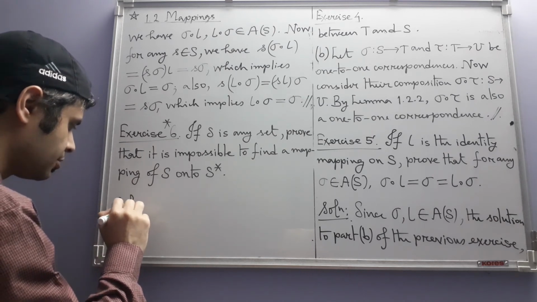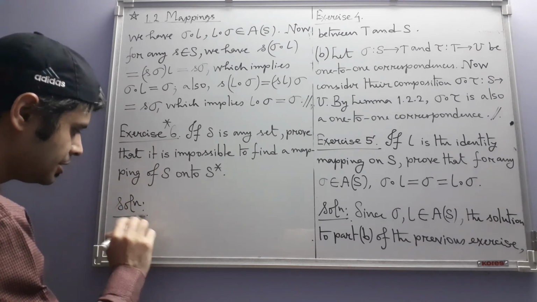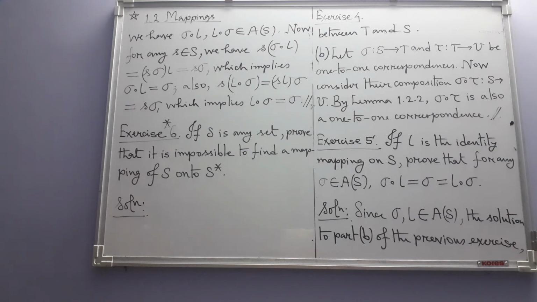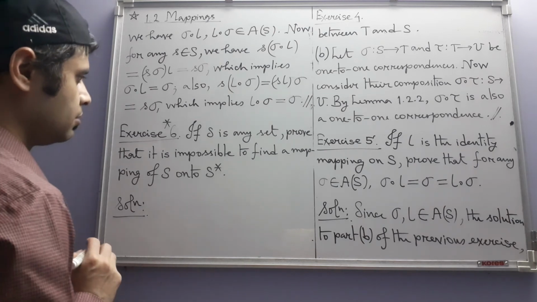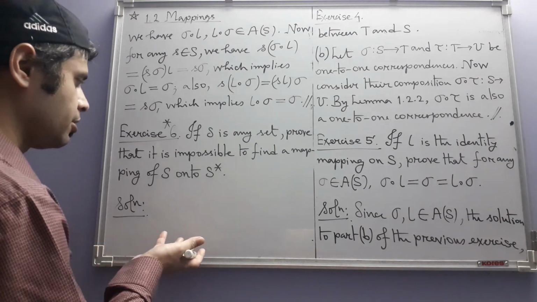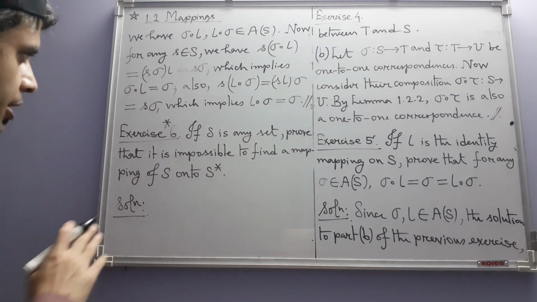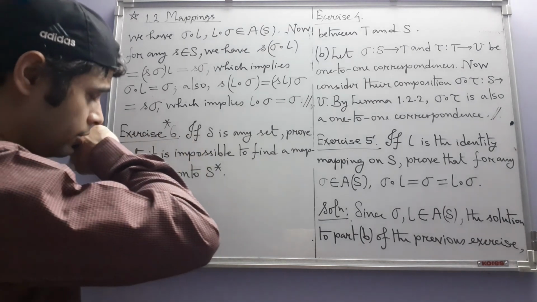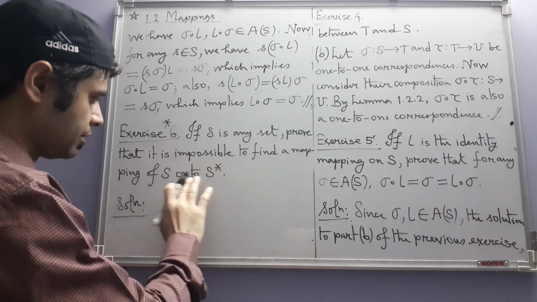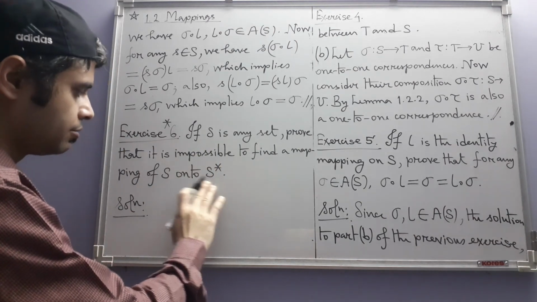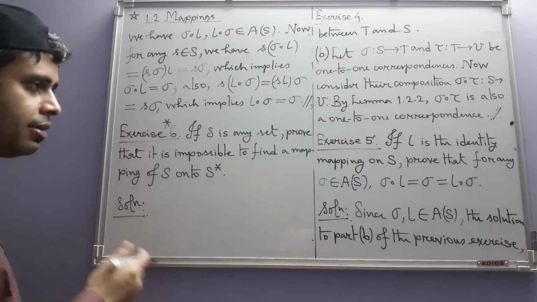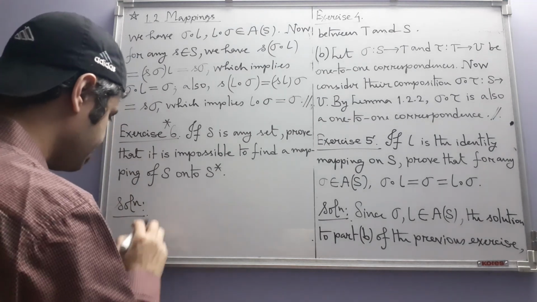So now we come to the mysterious solution of this. Okay. So the solution, or the proof, is by contradiction. We suppose that there is a function from S to S star which is onto, and we arrive at a contradiction.